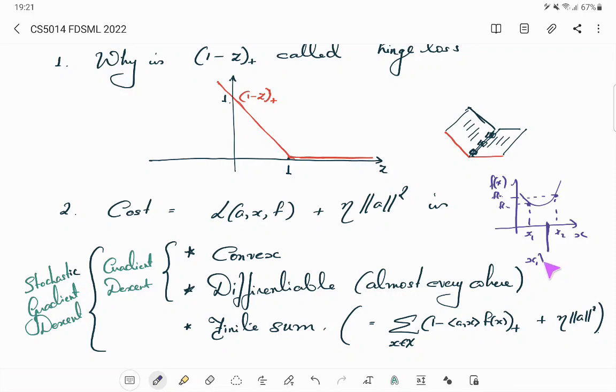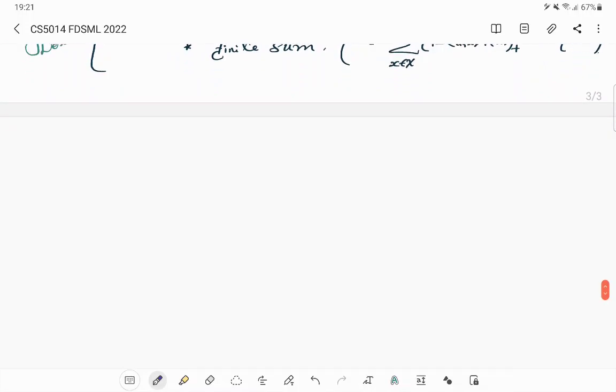So this is some lambda x1 plus 1 minus lambda times x2. Then you also calculate f of x1 times lambda plus f of x2 times 1 minus lambda. That has to be above the true value of f at that point. Then it is called a convex function. I think there is so much clutter here. Let me properly write it down.